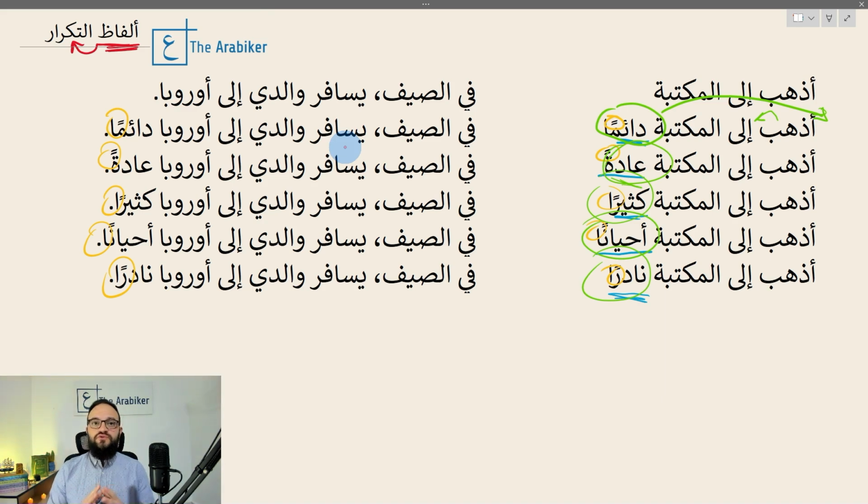Third, for those students who would like to focus on the spoken dialect, everything that we said today applies to the Jordanian Palestinian dialect, except for some minor differences that you need to take into consideration. For example, in dialect, we don't like the sound of the hamza on a lot of occasions. So instead of saying دائما, we say in dialect دايما.